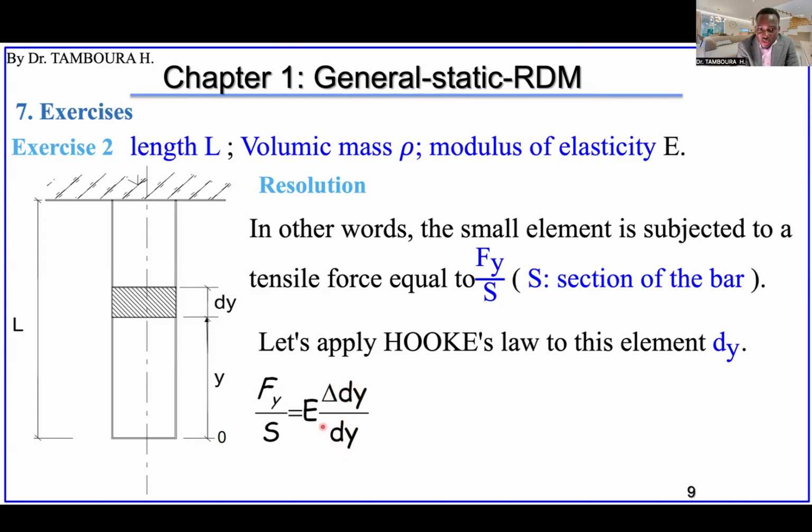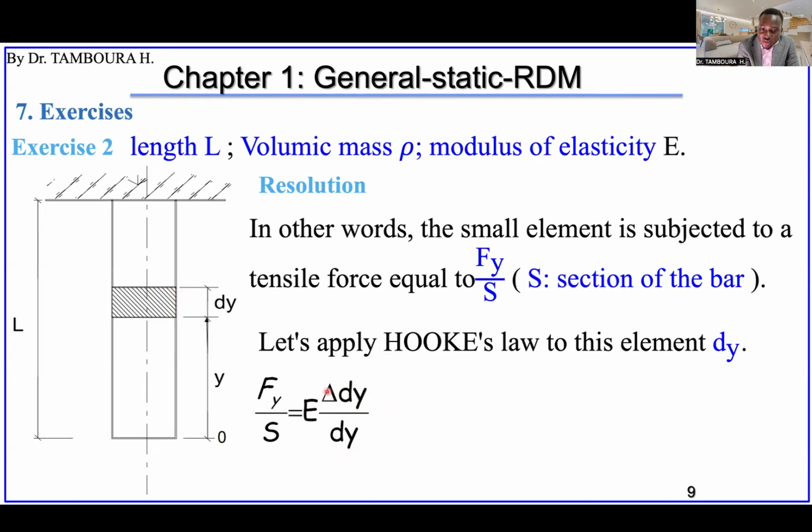So dy here is the elementary length we have considered, and delta dy is the change in length of this small element, the elongation of this small element.